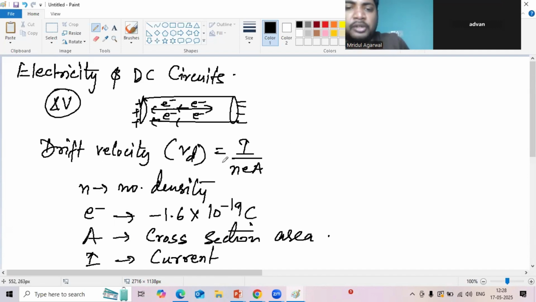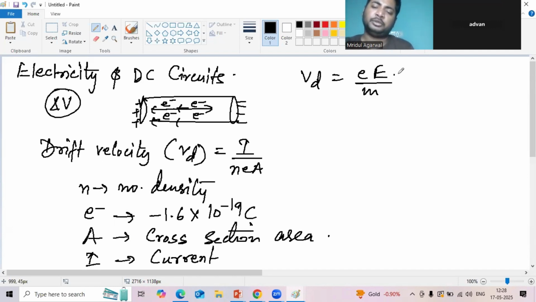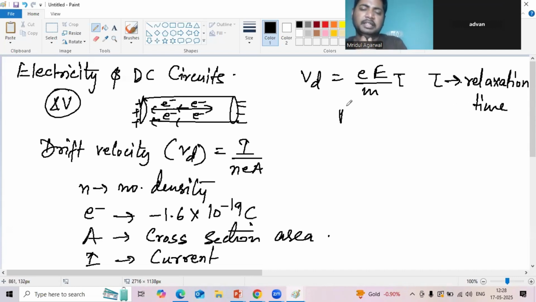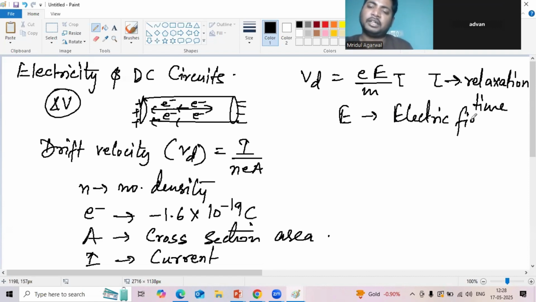Similarly, drift velocity is also calculated on the basis of relaxation time, and it is given by eE by m into tau, where tau is your relaxation time. That is the time required for one particle or one electron to hit another electron while in motion. E is the electric field applied, and m is the mass of that particle.